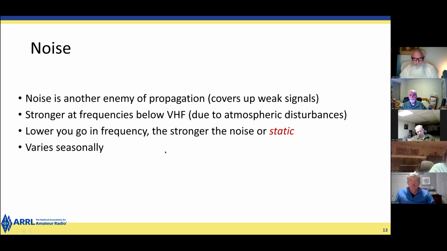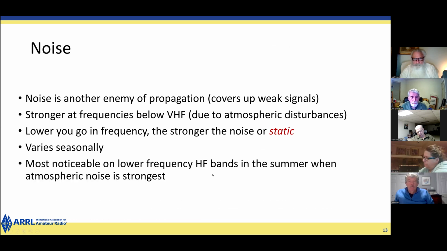Also in the wintertime, the noise becomes much less because, guess what? There are very few thunderstorms in the wintertime. There's also man-made noise, so that's something you have to watch out for. By the time you get to 10 meters, atmospheric noise pretty much has disappeared. So 10 meters can be very quiet, and you can hear very weak signals.